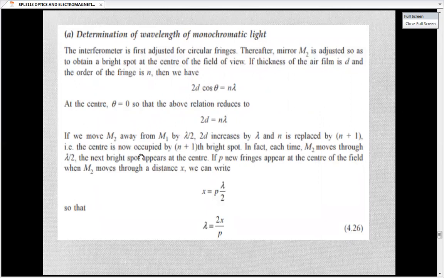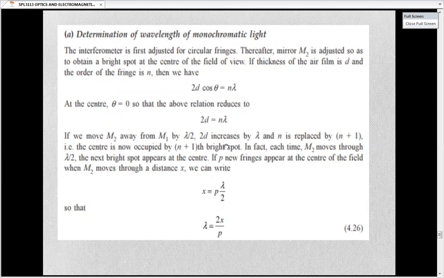We have this formula already, where theta is the inclination angle or the deviation, and n is the order. When theta is 0, the equation reduces to 2d equals n lambda, and therefore the distance d is what is adjustable.